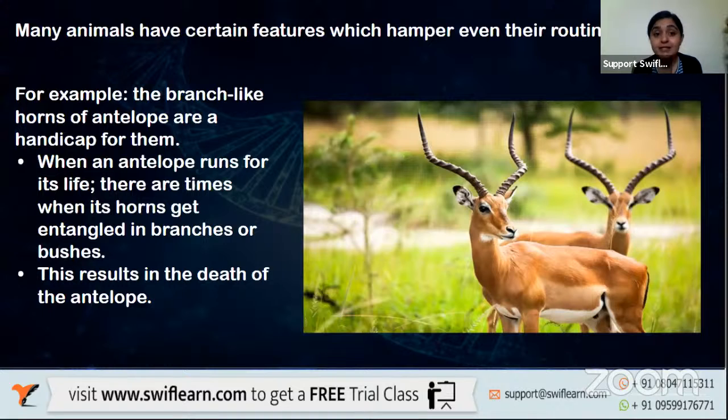Why? When an antelope runs for its life, there are times when its horns get entangled in the branches or bushes. This results in the death of the antelope, isn't it? They are quite huge and big, which hampers their travel, so they can get tangled around the branches or the woods, isn't it?